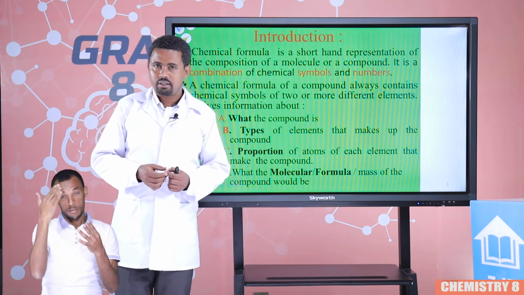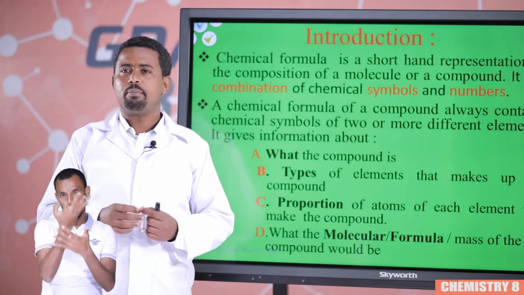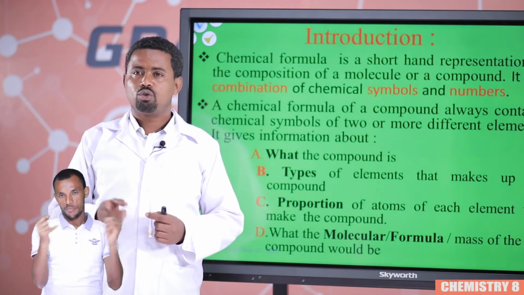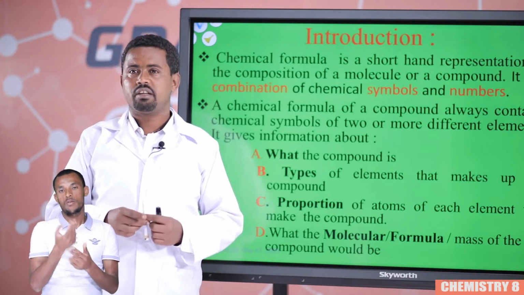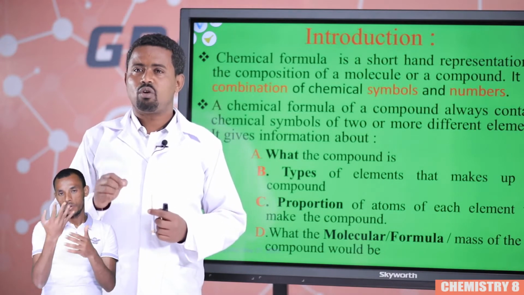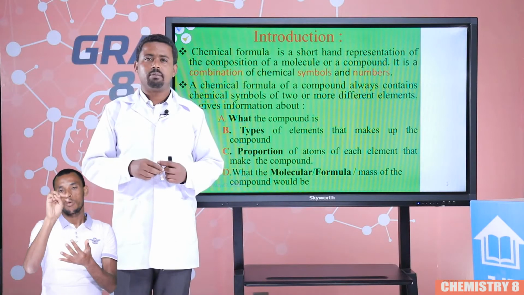As you remember, formula can be classified into two groups. These two groups of formulas are formulas of compounds and formulas of element.